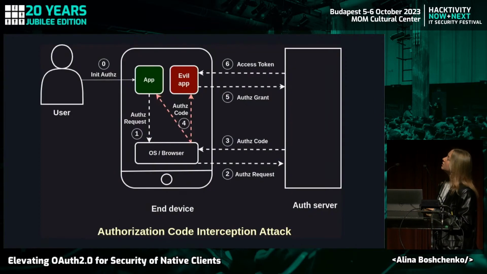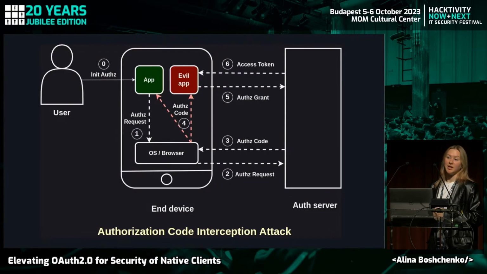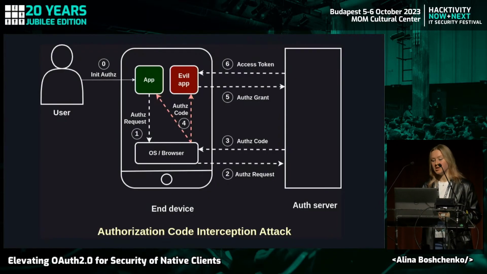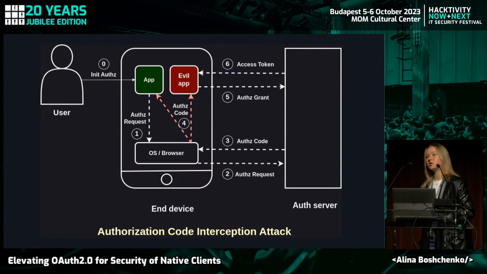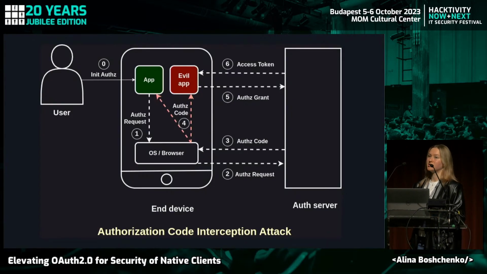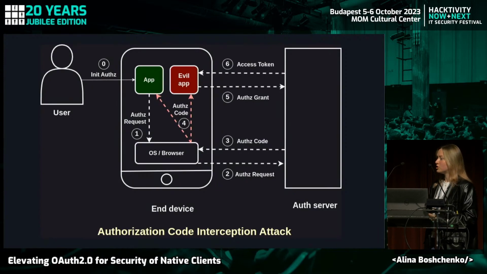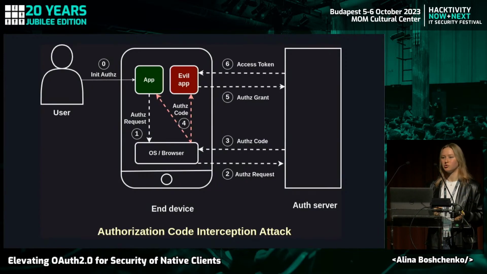Well, in this attack, the user initiates the authorization flow and tries to access the application. The application sends an authorization request, which is forwarded to the authorization server. Then the user is presented with the authentication form and the consent form, and if the user grants all the required permissions to the client app, the OAuth server can issue an OAuth code.